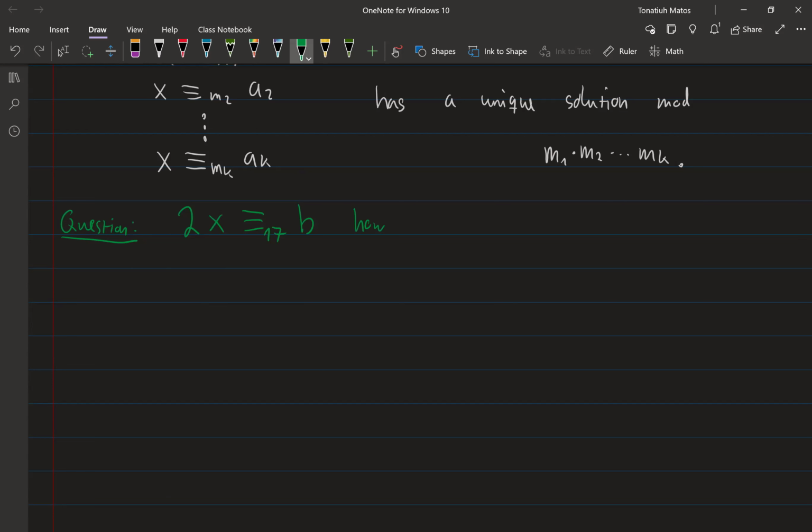So how do we find the inverse of 2 mod 17? Let's do that. The algorithm that always works is to apply the extended Euclidean algorithm. That always works.